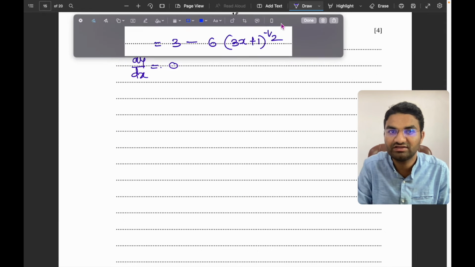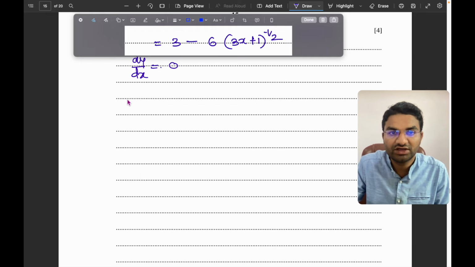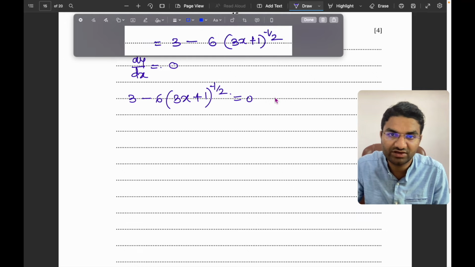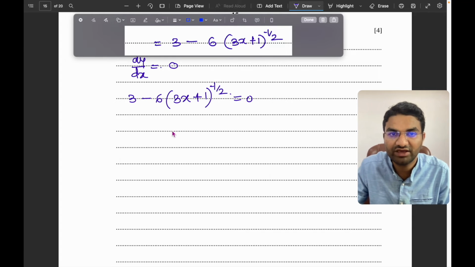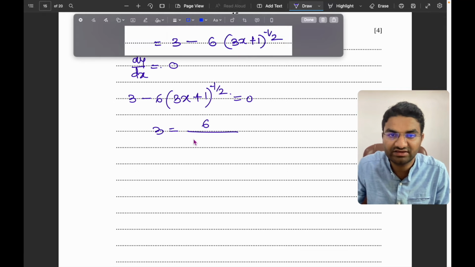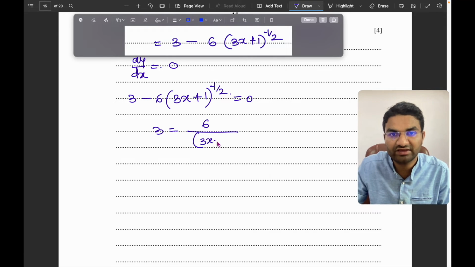You can see here this is dy by dx, so 3 minus 6 times (3x plus 1) raised to negative 1 by 2 is equal to 0. Then transfer this to the right hand side, it will be 3 is equal to 6 over (3x plus 1) raised to 1 by 2.